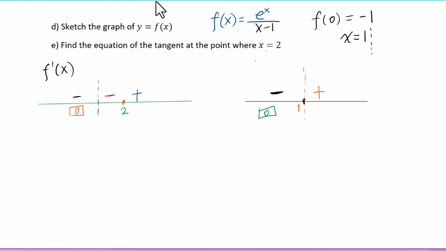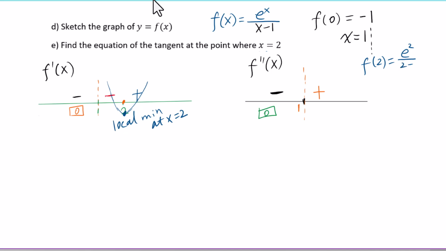This is a sign diagram for f double prime of x. For x equals 2, going down and then going up, so there is a local minimum at x equals 2. When x equals 2, we get e squared over 2 minus 1, which equals e squared.